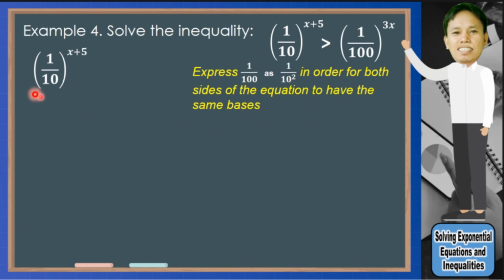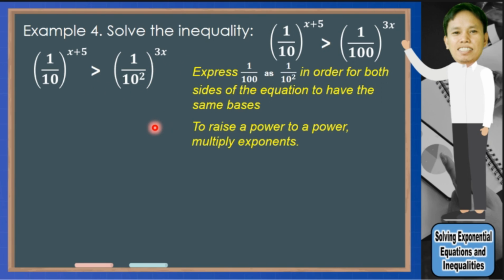Then we have 1 over 10 raised to the power of x plus 5 is greater than 1 over 10 raised to the power of 2, parentheses, raised to the power of 3x. To raise a power to a power, multiply the exponents. Then we multiply 2 times 3x, and it will become 1 over 10 raised to the power of 6x.